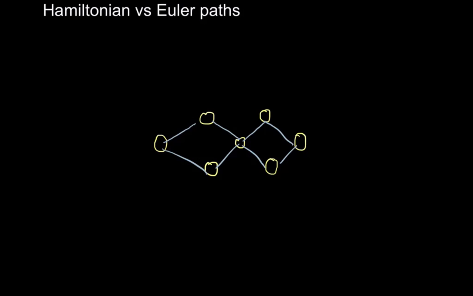So we'd start with the Hamiltonian all the way on the left and jump to this node, this node, this node, this node, this node.